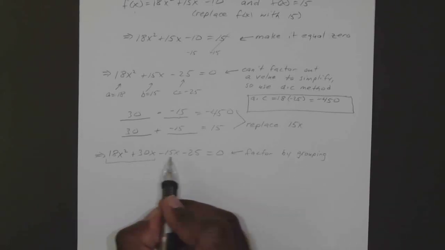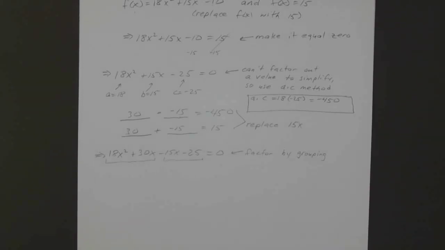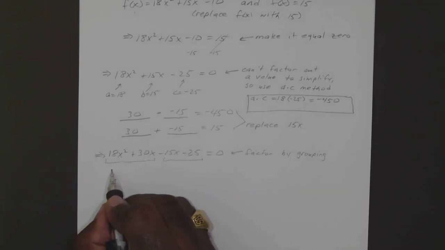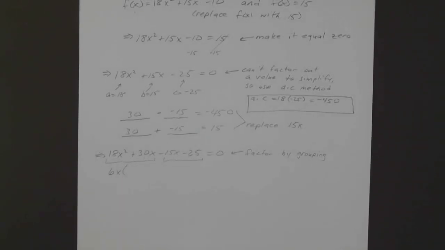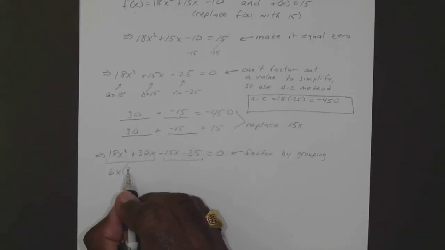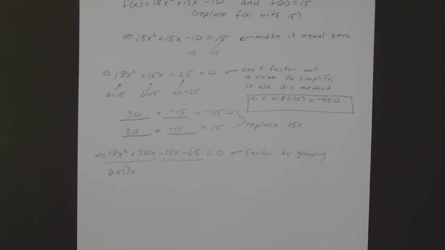Okay, so you take those 4 terms and you make them 2 smaller terms. You can actually factor a 6x out of those 2. 6x times 3x would give us our 18x squared, and 6x times 5 would give us our 30x.